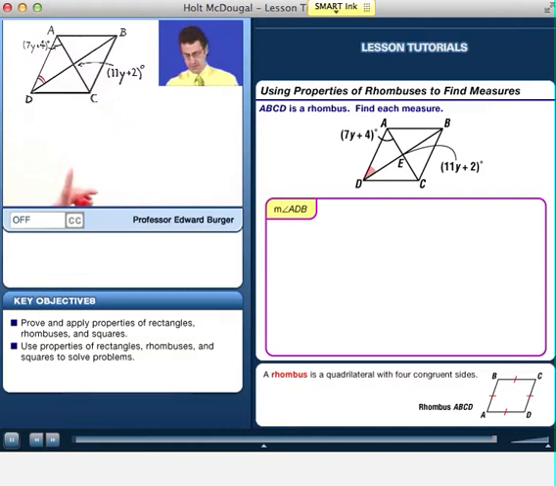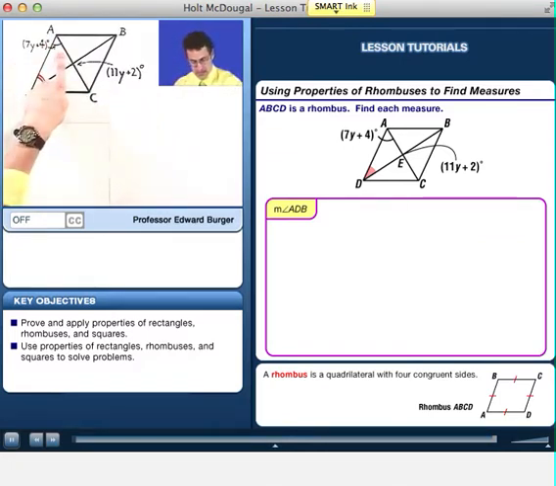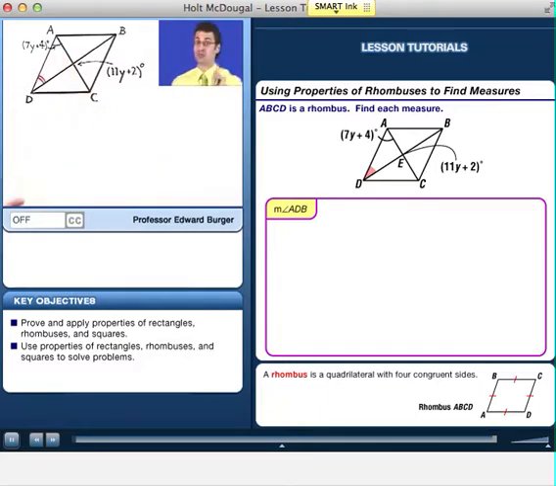Now, we know all the really weird algebraic stuff, like the measure of this angle here is 11y plus 2 degrees, and the measure of this little angle here, CAD, is 7y plus 4 degrees. But that's all we know, together with the fact that it's a rhombus.